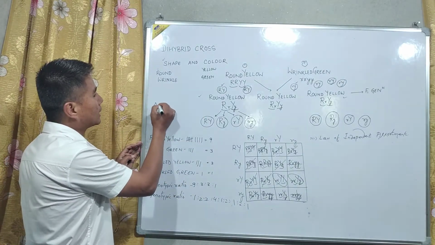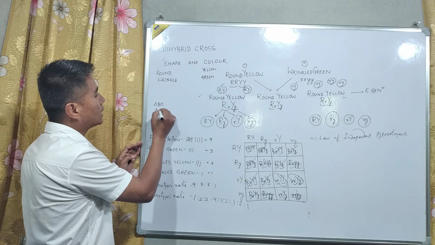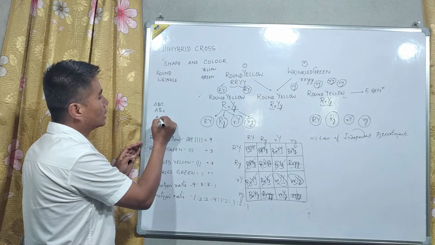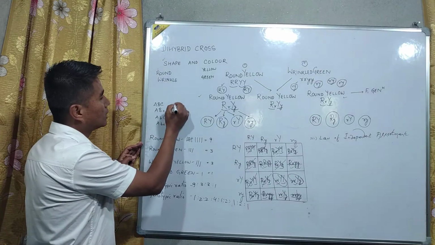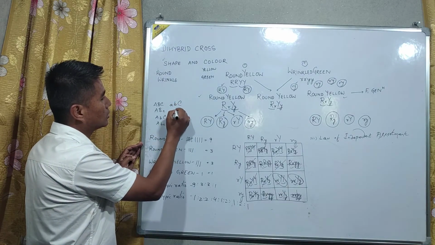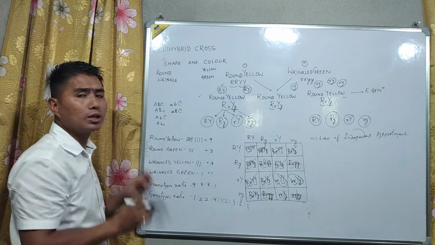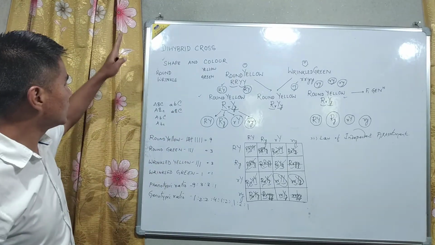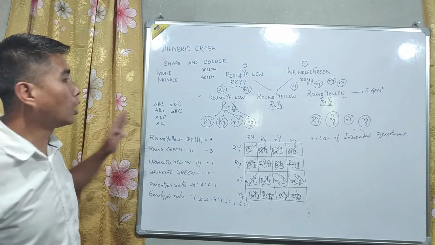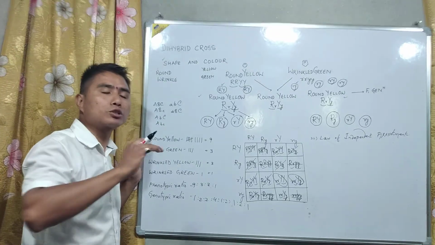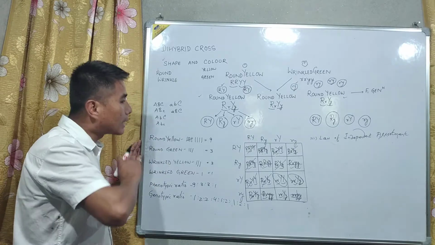Just like A can go with B and C, or A can go with B and small c also. So there is a variety of combinations. In the Law of Independent Assortment, they assort, or choose their partners, randomly.